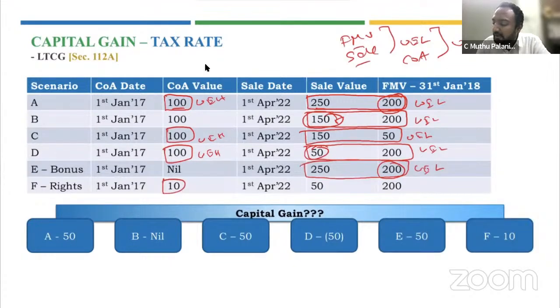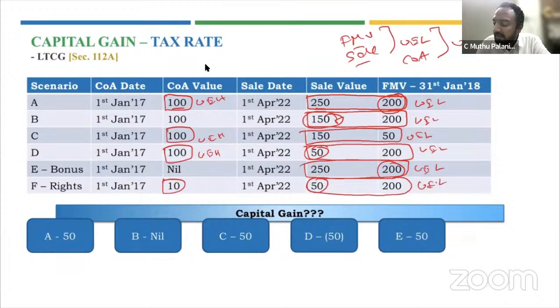So 50 or 200, whichever is lower. I'll take 50. And 50 or 10, whichever is higher, I'll take 50. So my capital gain will be nil for this also. So that is what it's about, calculating capital gain.